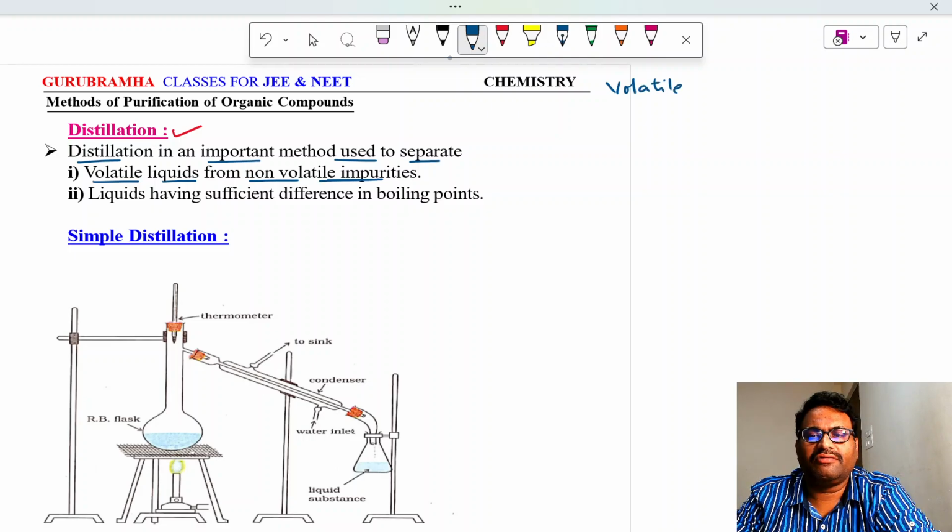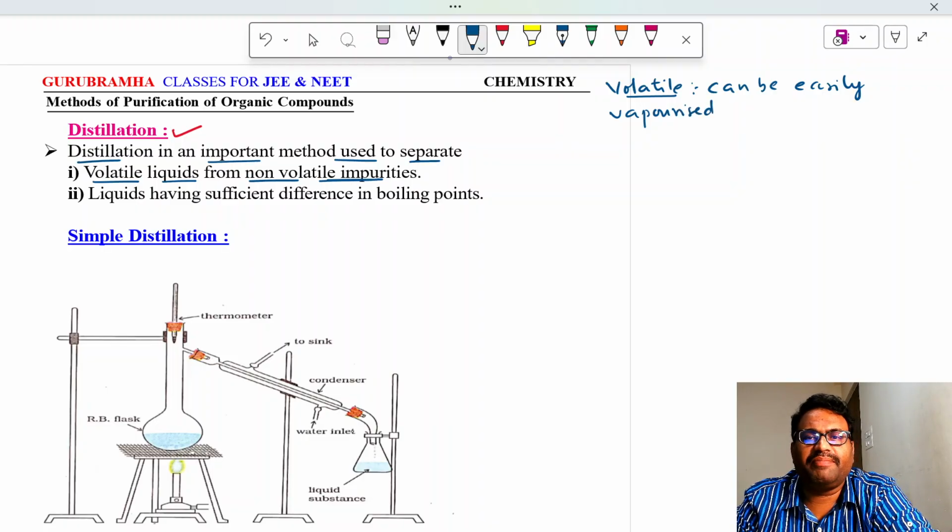What is the meaning of volatile liquid? A liquid that can be converted easily into vapor, can be easily vaporized. If it has to vaporize easily, it should possess more vapor pressure and less boiling point.